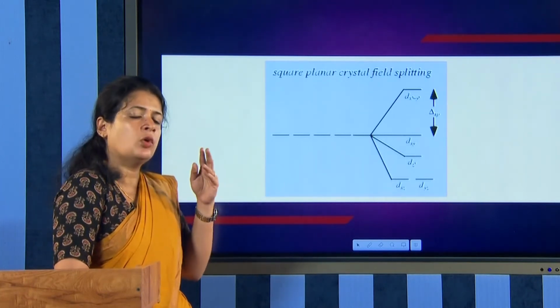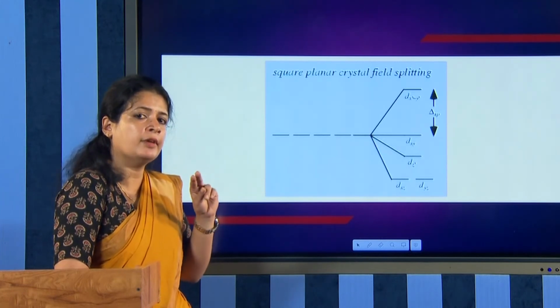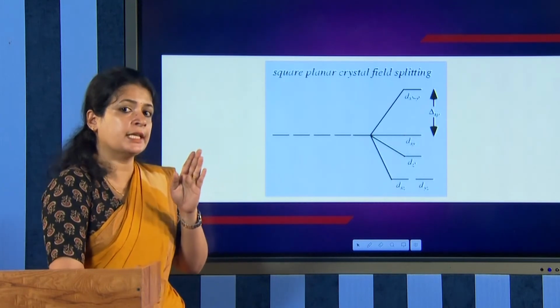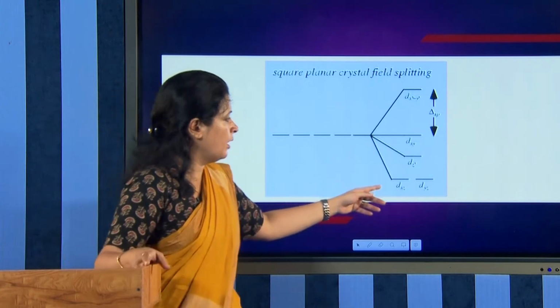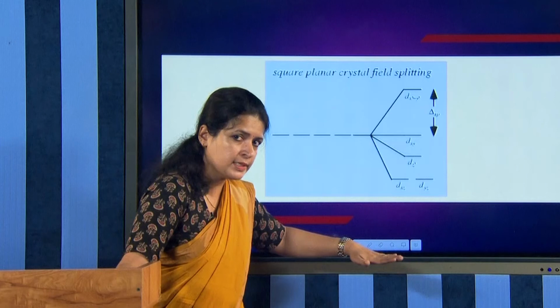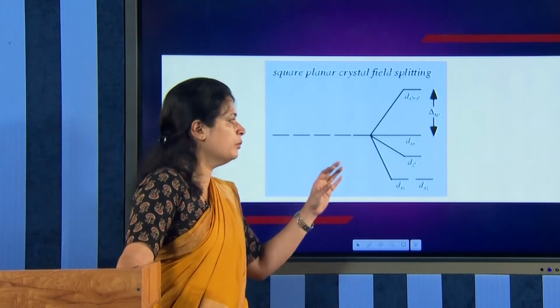When the ligands along the z-axis are completely removed, the d orbitals which have a z component will have very low energy. See this. The first case is dxz, dyz, which will have the lowest energy because the ligands along the z-axis are removed.